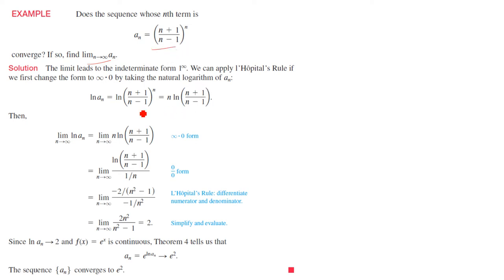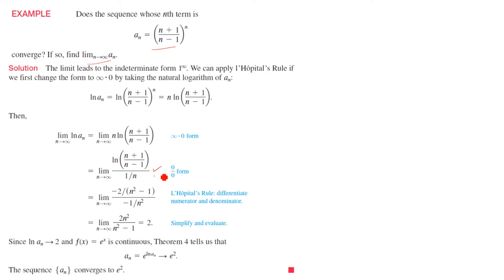By taking the natural logarithm so that we can apply L'Hopital's rule, on both sides, ln a_n is equal to n ln((n+1)/(n-1)). So the limit as n approaches infinity of ln a_n is equal to the limit of ln((n+1)/(n-1)) divided by 1/n.